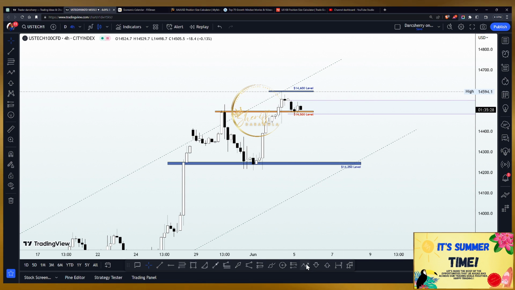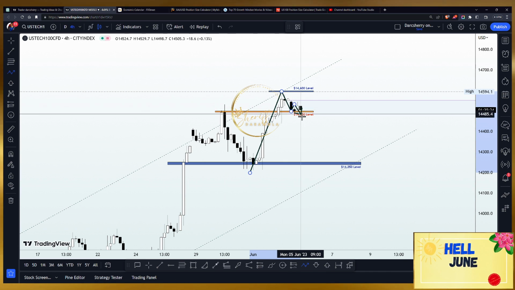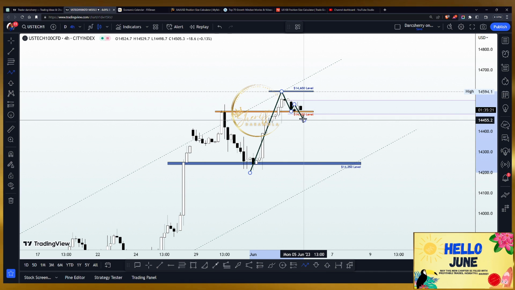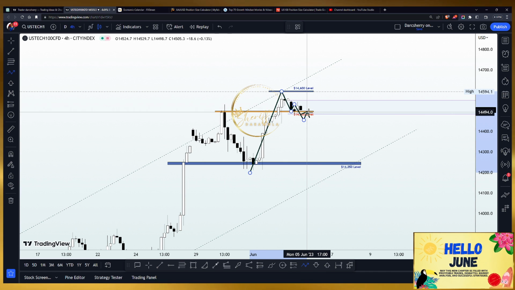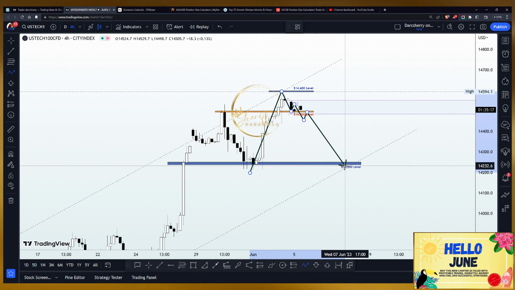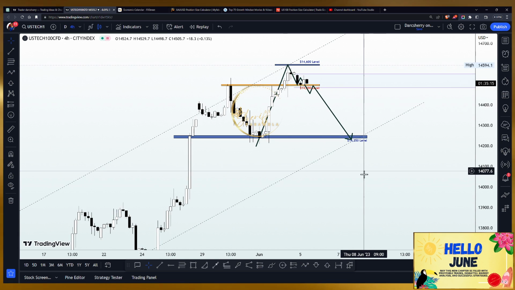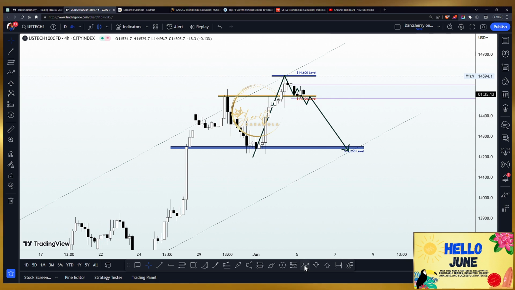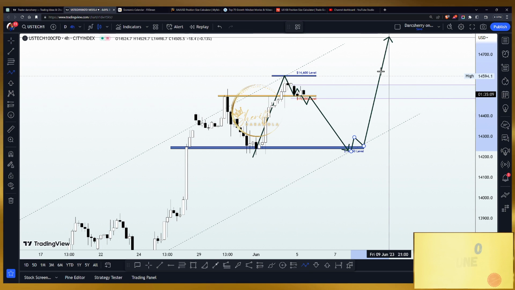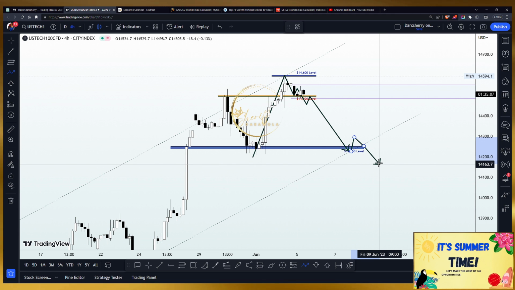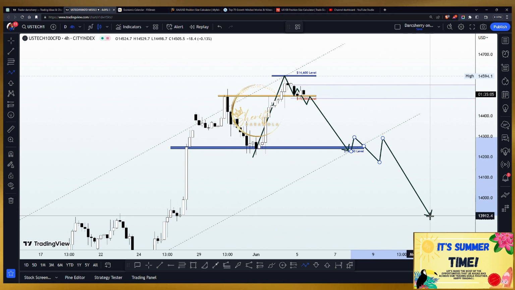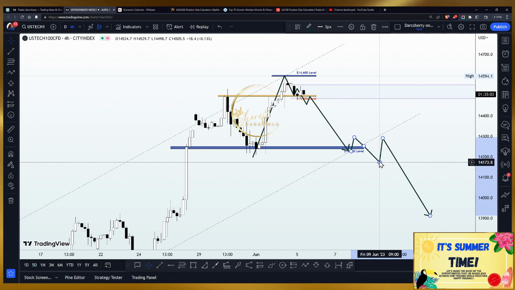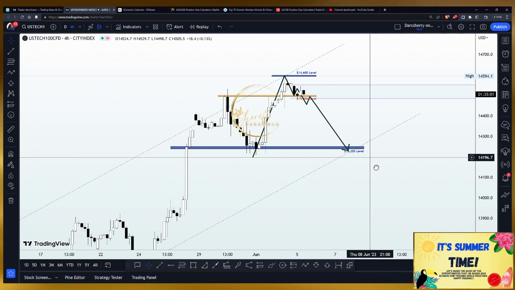However, if price action drops back below the key level at this point, then we want to consider this a false breakout, where price action is likely going to come back to respect the support line of that ascending channel, probably to incite another wave of bullish momentum, or even break down the support line to incite a sell-off in this market. So this is how we are going to be looking at the market for this week.